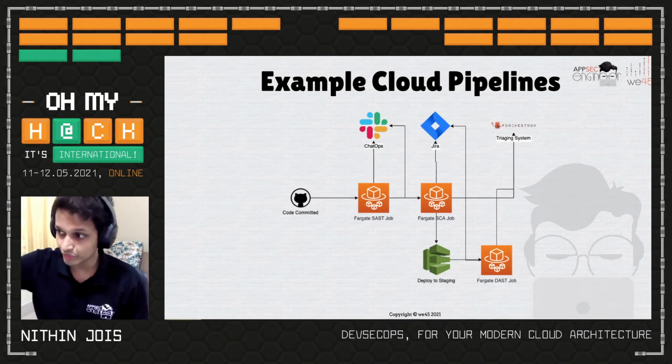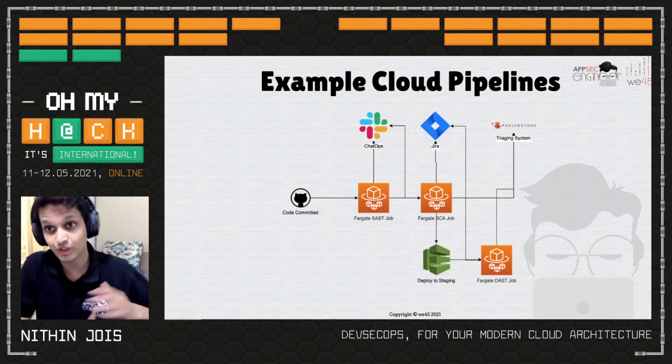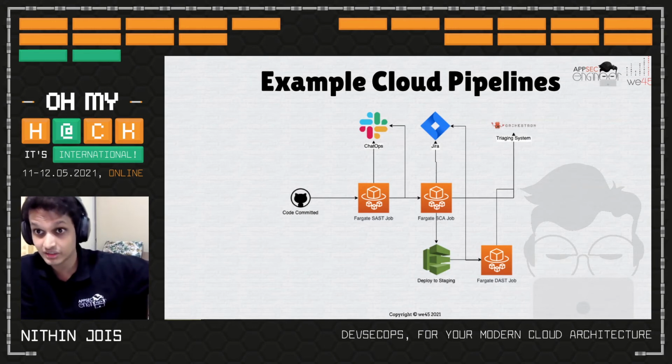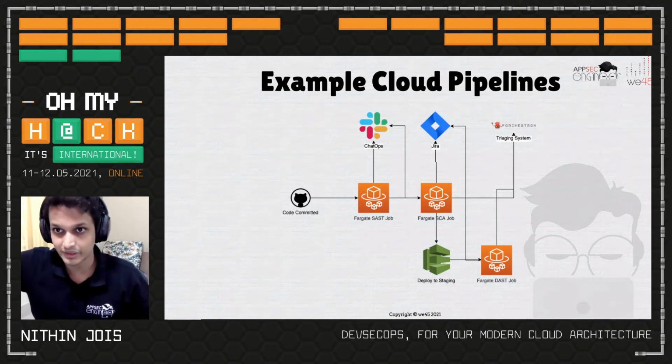Once both of these checks have been performed successfully, you can deploy to the staging environment, which triggers another DAST scan, performing a dynamic application test against the running instance of your application. Then all of these results you can push to your vulnerability management engine. So this is something that you can start doing.